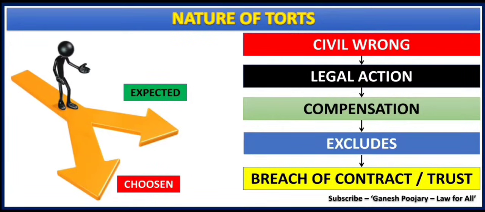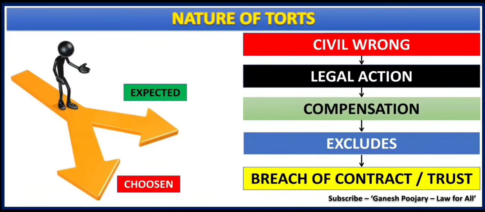And for those civil wrongs, the person who has experienced injury can bring legal action, and when such legal action is brought, he will get damages in the form of monetary compensation. That's the third aspect.